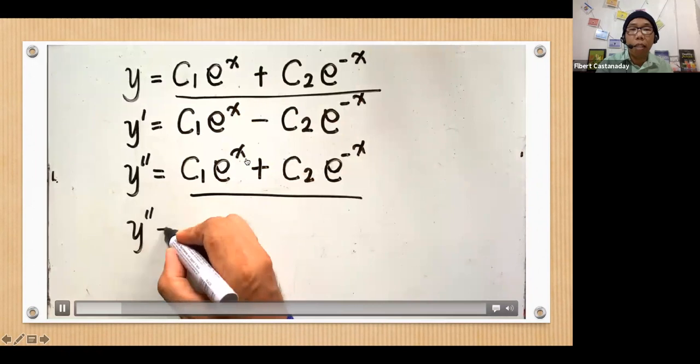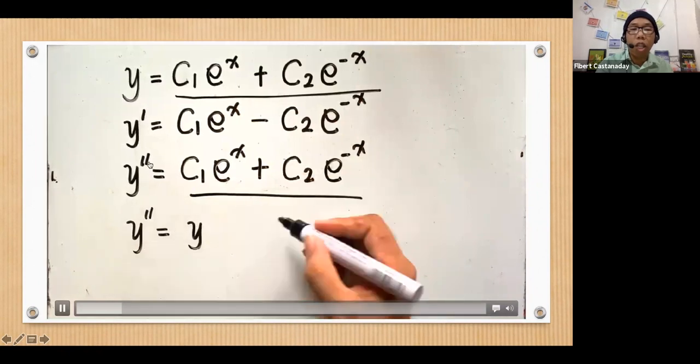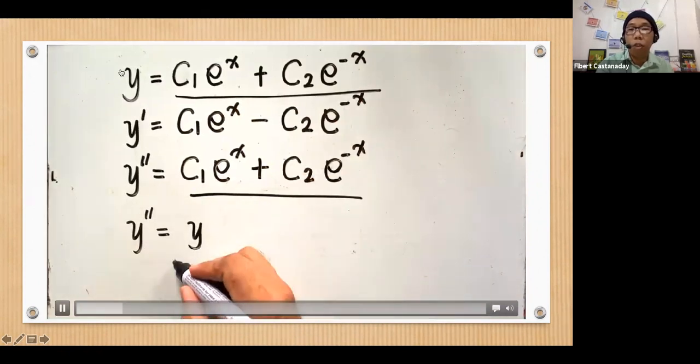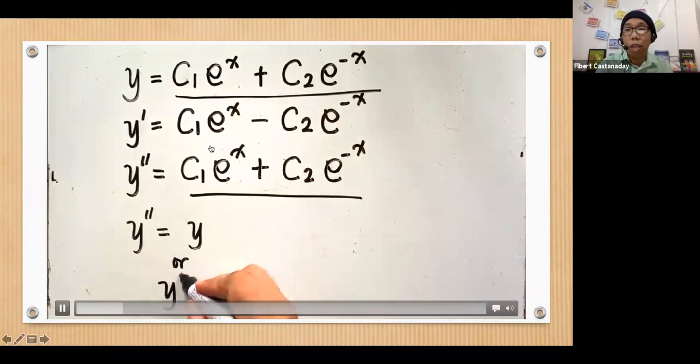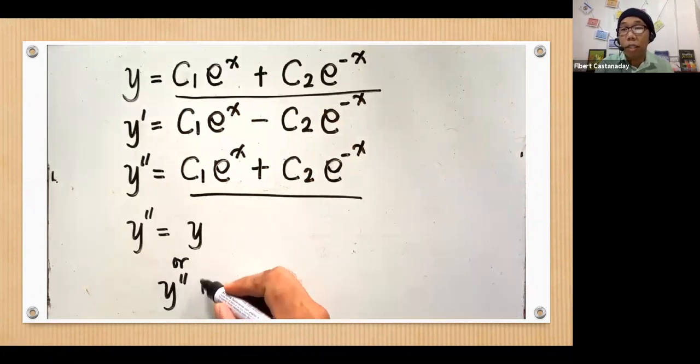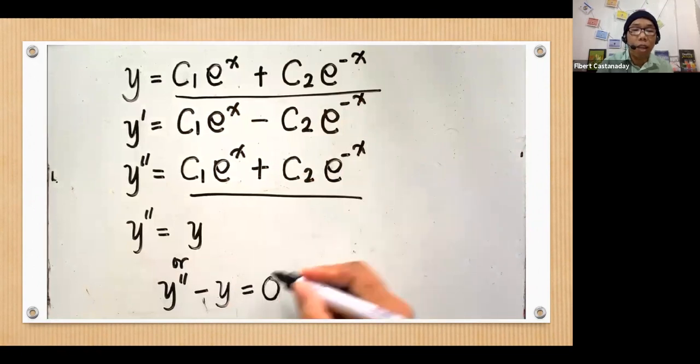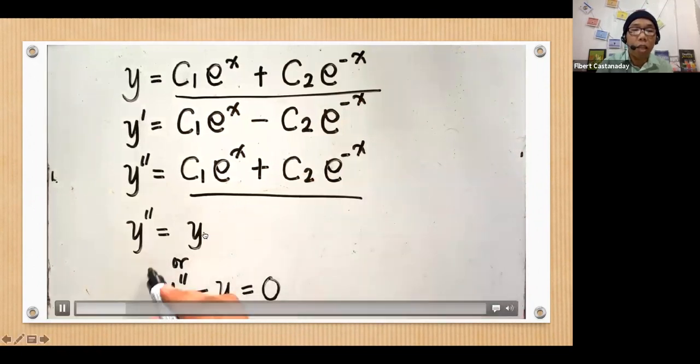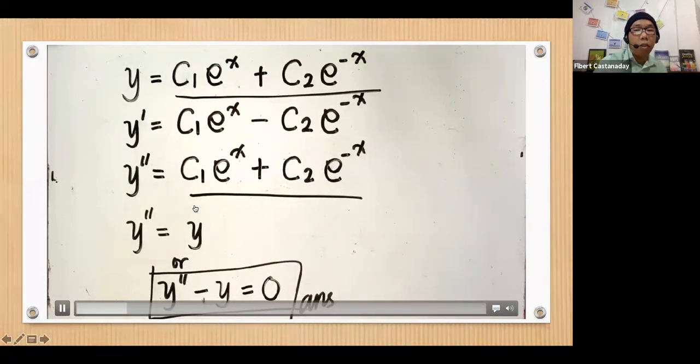So it means that we can equate y double prime to the given equation of y. In that way, no arbitrary constants are seen in the final answer. So you can rewrite here, transposing y to the left-hand side, y double prime minus y equal to 0 is the final answer.